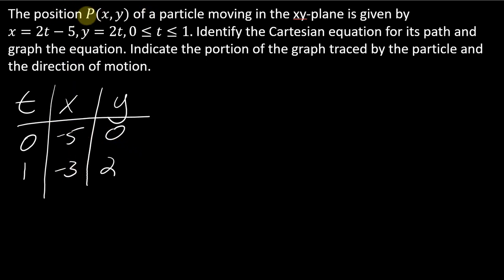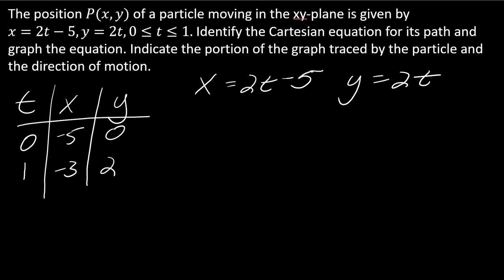So let's talk about how I get this now into a Cartesian equation. So I have x equals 2t minus 5, and then I have y equals 2t. So you can be a little creative now in how you relate these two equations. So basically what you're trying to do is bring the t together in these two equations so that you end up with one equation in terms of just x and y.